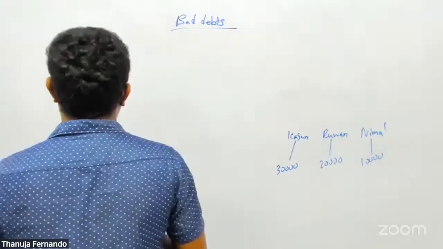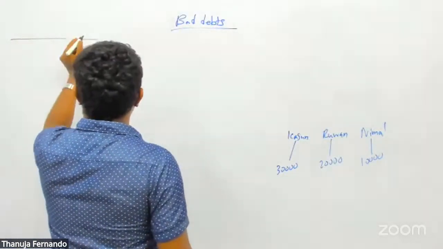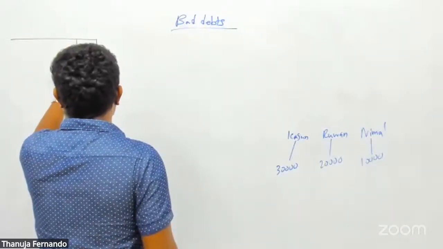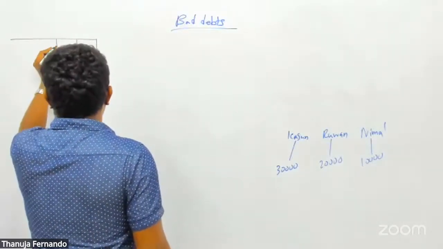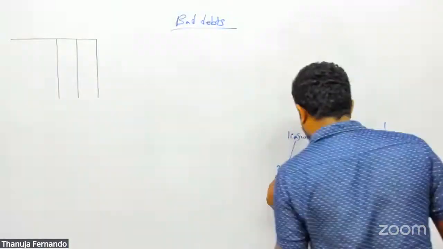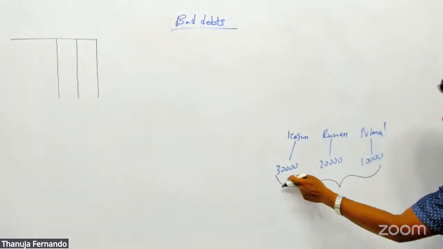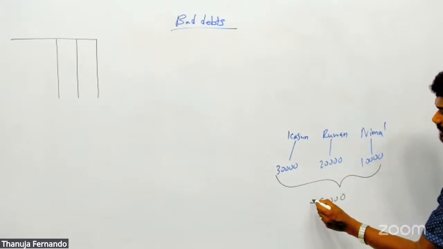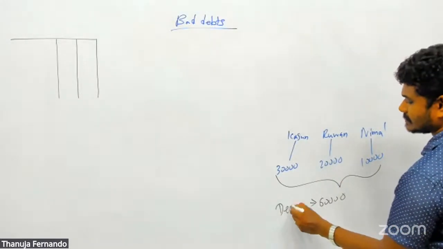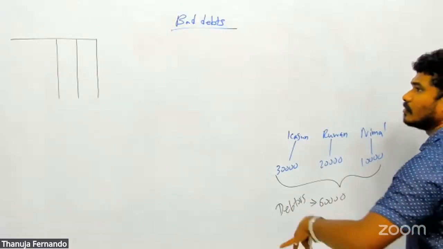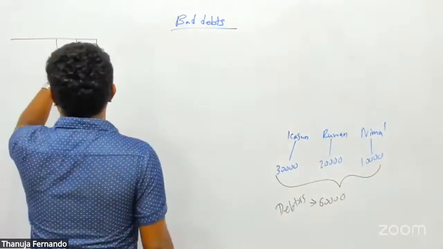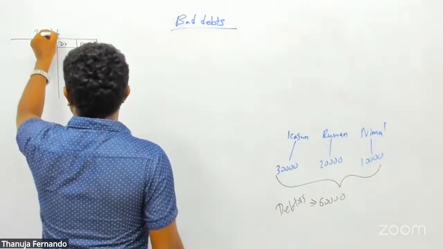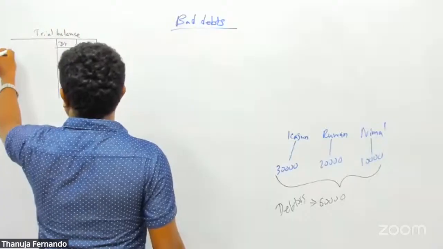But in the trial balance, we never record their names separately, one by one. Instead of that, we take the total of them, 30, 50, 60, and commonly we name them as debtors, and record it in the trial balance like this.